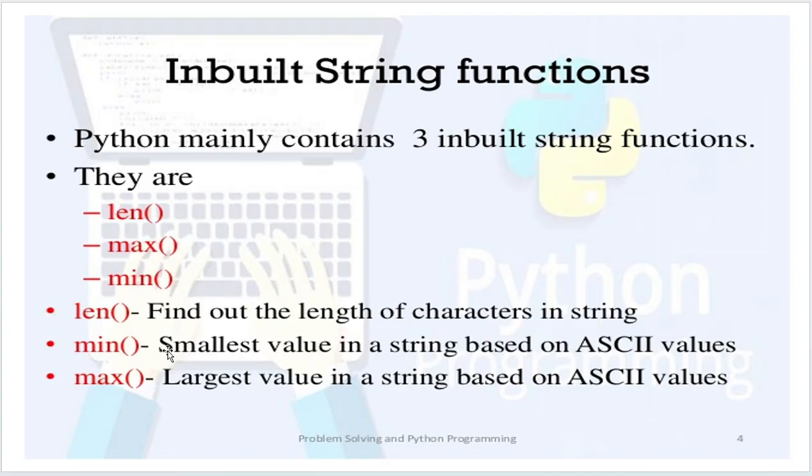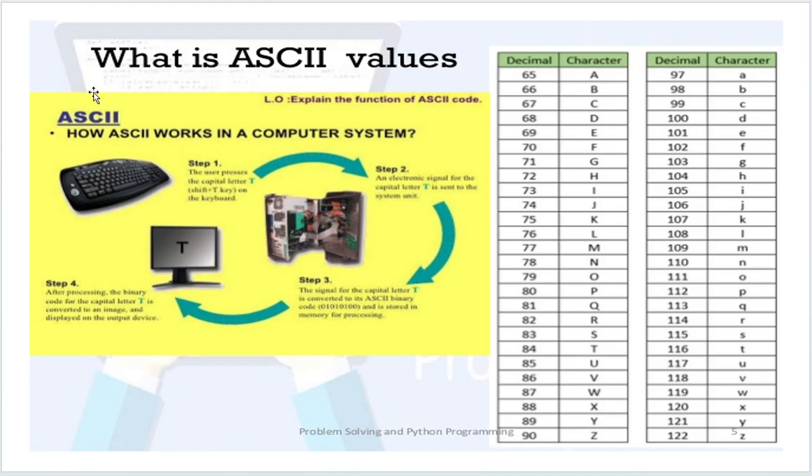Based on those values, the min value is calculated, which means it is going to return a character from the given string which is of the lowest ASCII value. And max, vice versa, is going to return the largest value in the string based on the ASCII values. And in general, ASCII values, as we all know, are what we get when we usually type the keys on the keyboard.